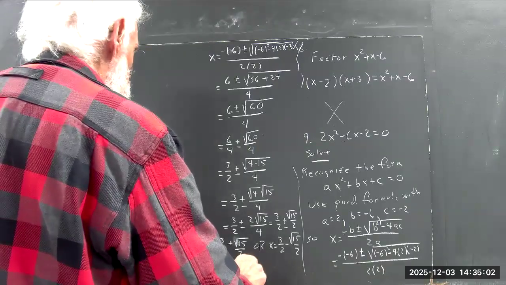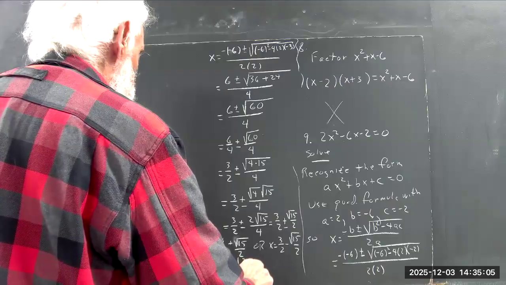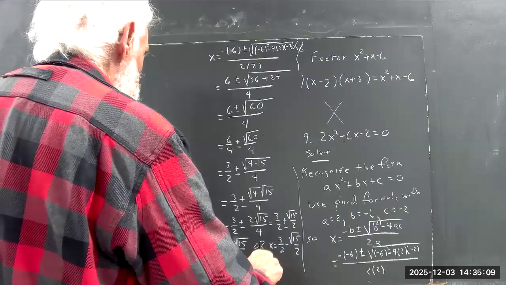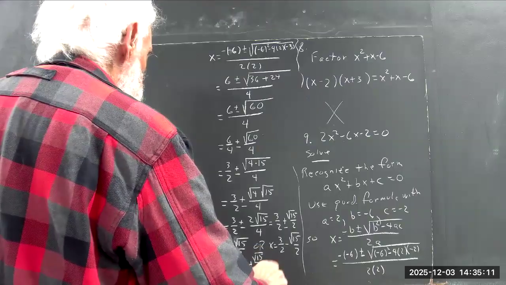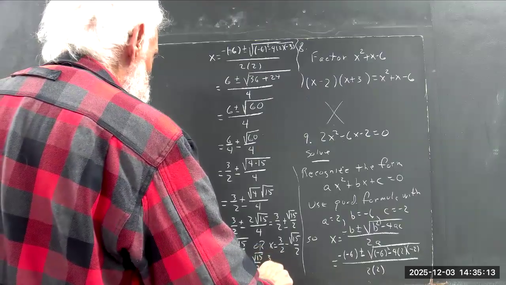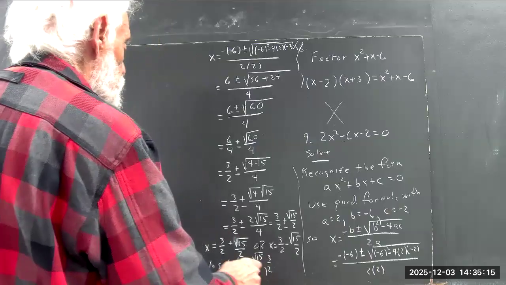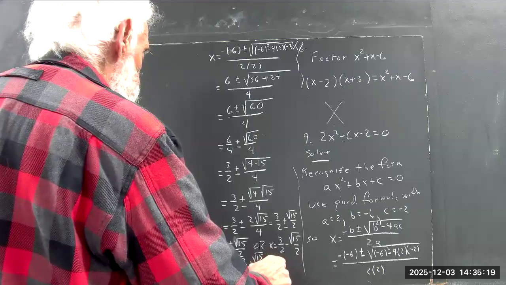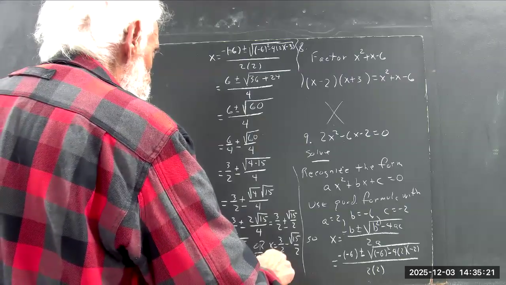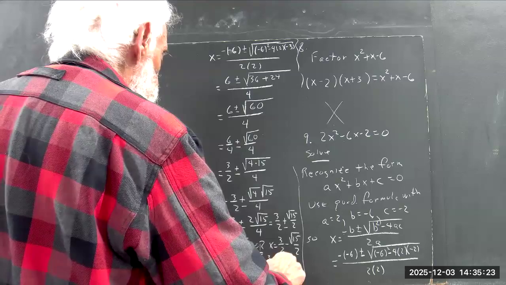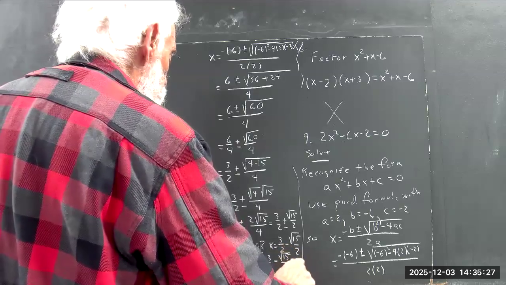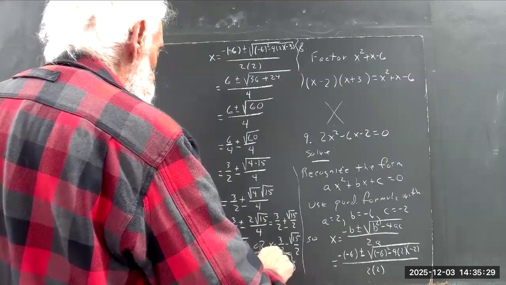Solution set becomes, or can be expressed as the set consisting of 3/2 plus the square root of 15 over 2 and 3/2 minus square root of 15 over 2.